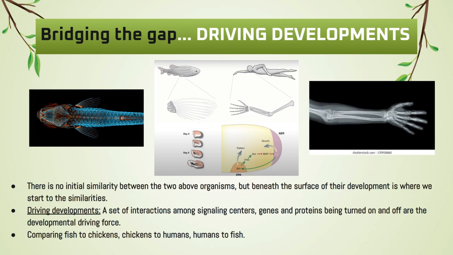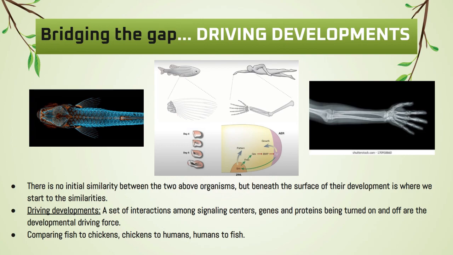The driving developments. The picture to the left is a picture of a fish, and to the right is a human arm. We can see the visible differences between these two organisms. Obviously, fish don't have fingers, humans have fingers, but beneath the surface, the way they develop is very similar.